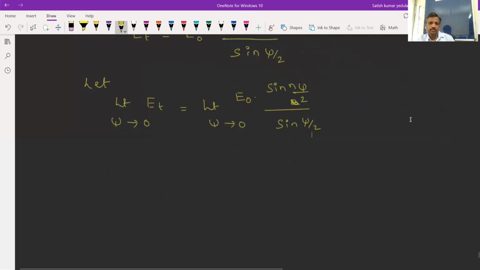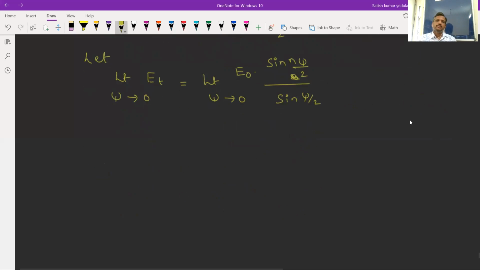Once you substitute ψ tending to 0, this will become 0 by 0, that is in indeterminate form. So then you have to go for L'Hospital's rule. Everybody is familiar with it.